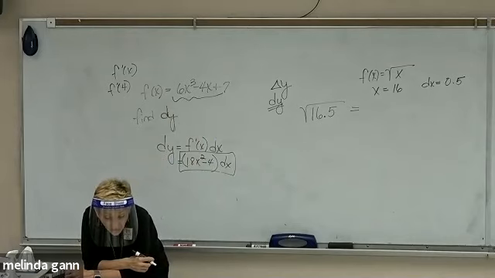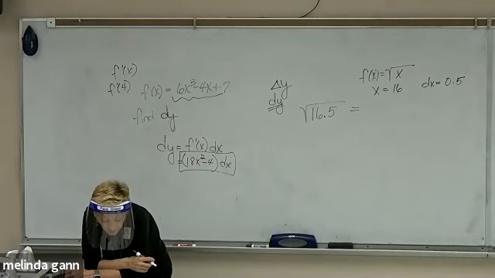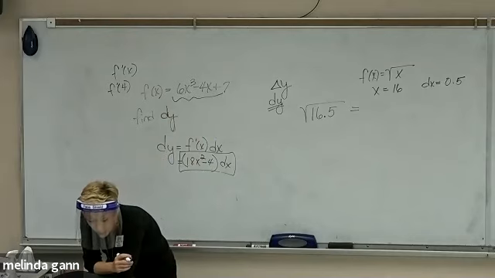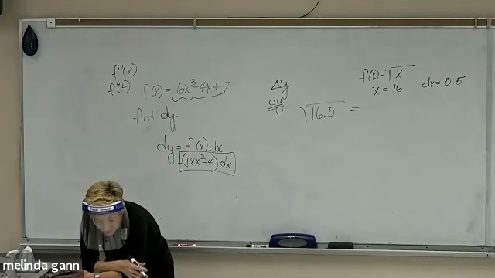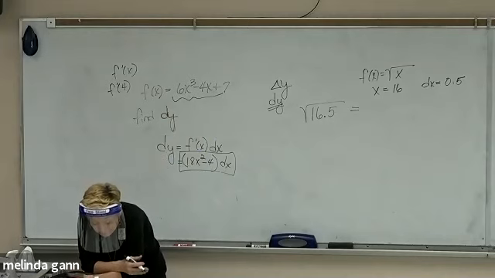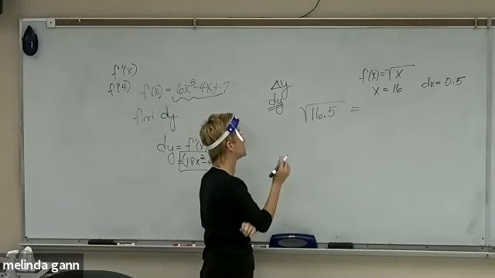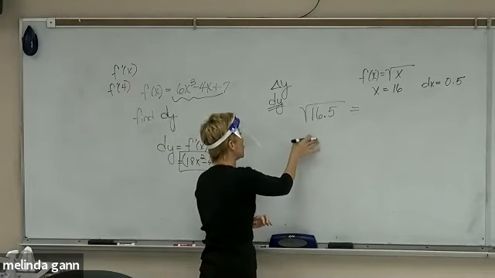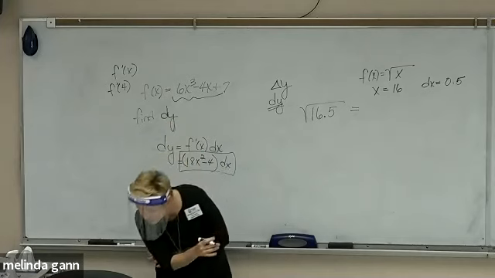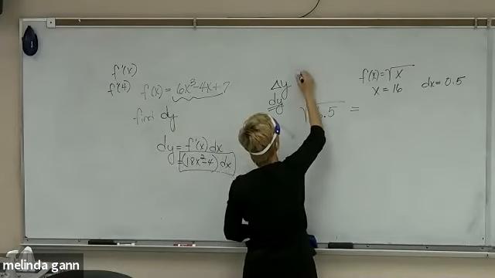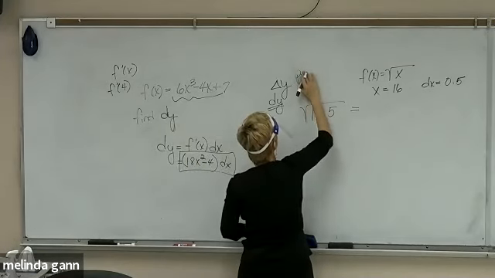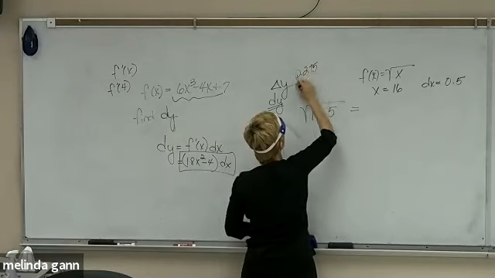If I can use 4.6 and play with it. Now, they've got one worked out for you in your book, on page 275, which is the one that they've got now.